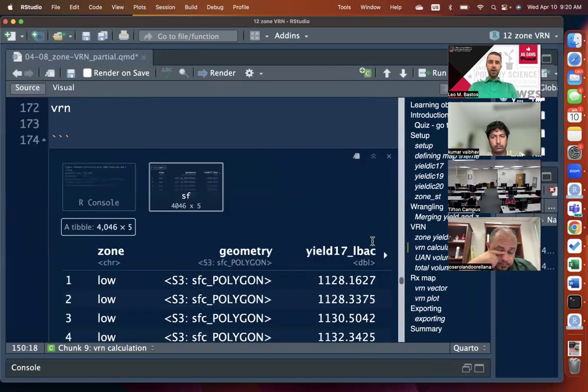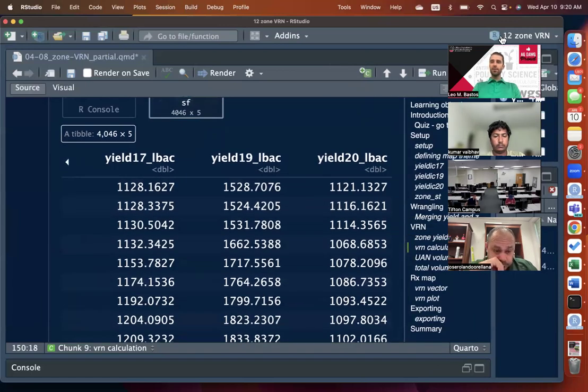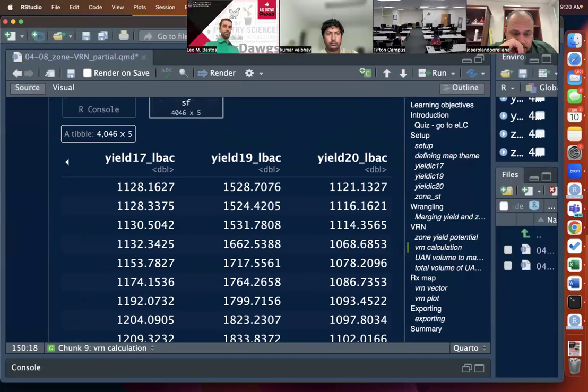So which column here would you extract the 90th quantile of? Yes, exactly. Ujjwal just said maybe we need to pivot longer first and then get the 90th quantile. That's correct. In this case, I want the 90th quantile of yield across all years. I don't want a 90th quantile for 17, and then for 19 and 20 separately.